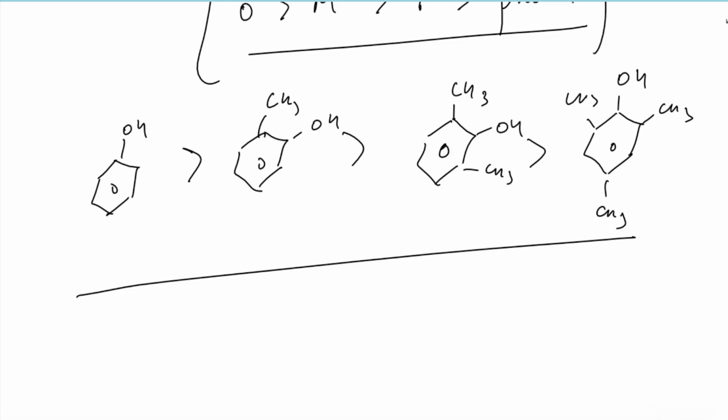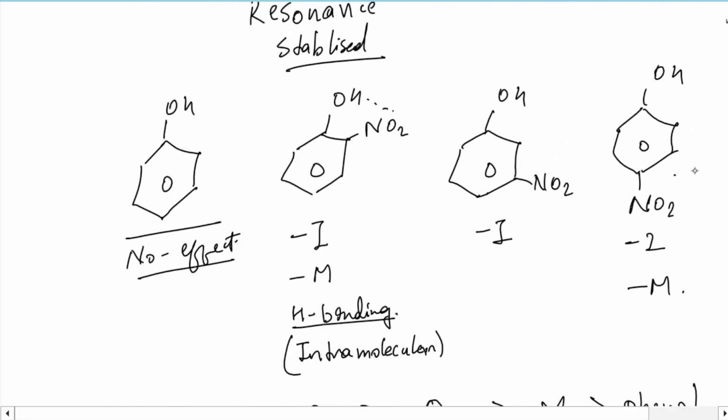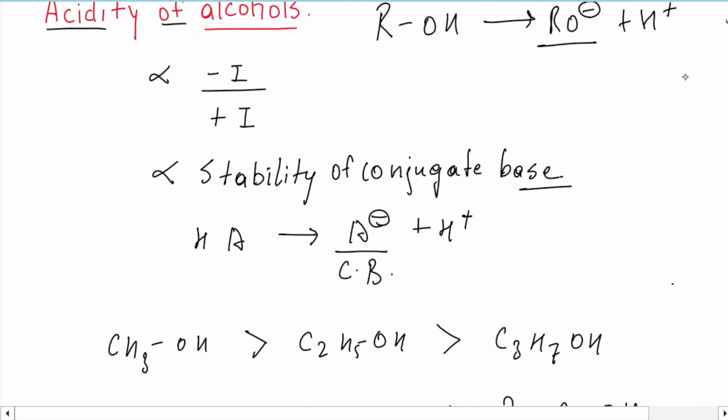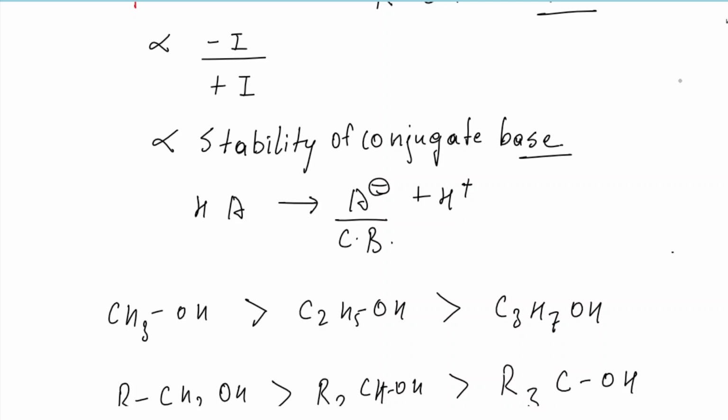So that's how we decide acidity, considering the basic rules of acidity: it's directly proportional to minus I, inversely proportional to plus I, directly proportional to minus M, inversely proportional to plus M. Most important is the stability of the conjugate base. The more stable the conjugate base, the more acidic an acid is. That's the most important thing we have to consider.